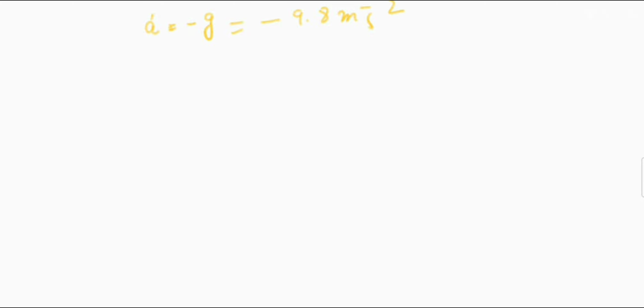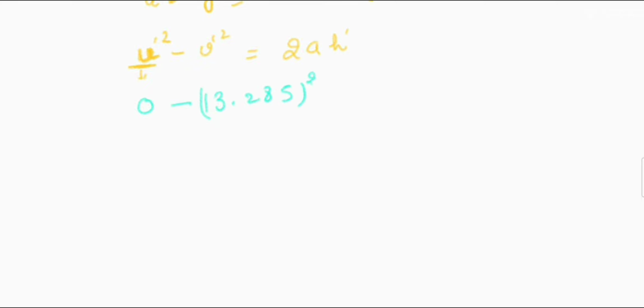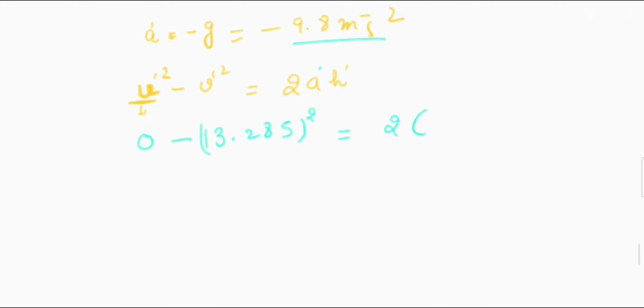Again here we'll apply the formula: final velocity square minus v prime square is equal to 2as, where s is h prime as I have taken. The final velocity here is equal to 0, and v prime square is 13.285 whole square, equal to 2 into the acceleration a prime, which is negative 9.8, into h, which we have to find out.